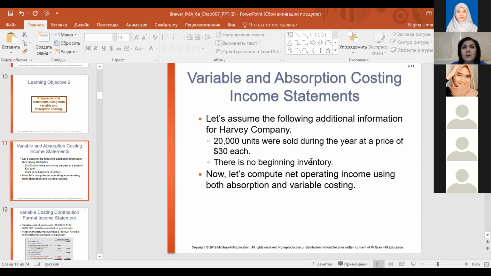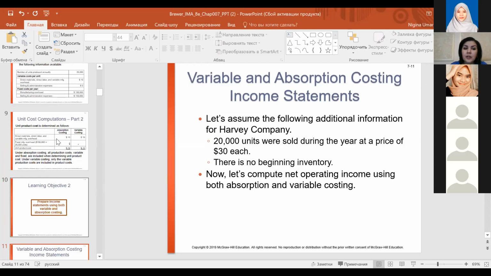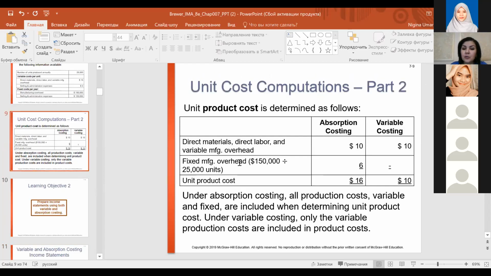And under absorption costing, these 5,000 units include what? These 5,000 units contain fixed manufacturing overhead per unit. So each unit contains $6 of fixed manufacturing overhead.